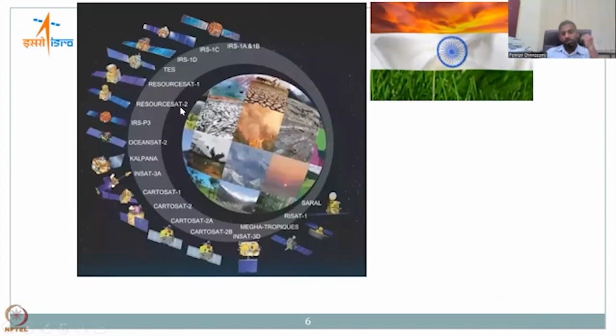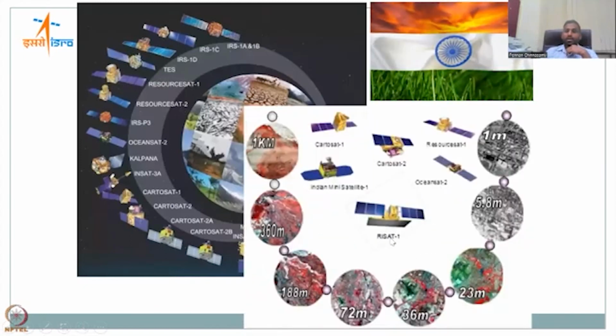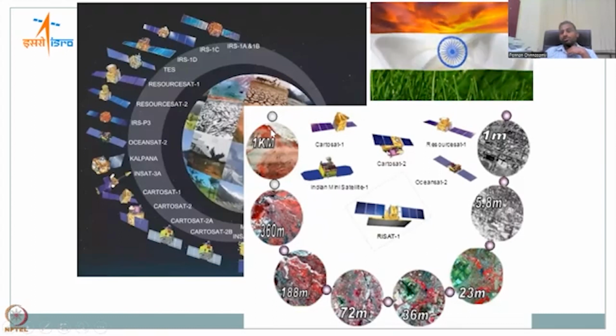ResourceSat is to monitor the resources. OceanSat for ocean, etc. And the resolutions differ from 1 kilometer to 1 meter. Even with ISRO satellites, the high spatial and temporal resolutions you have to pay for. It's not free. The free resolutions are here, and still a lot of things can be done for rural development research.